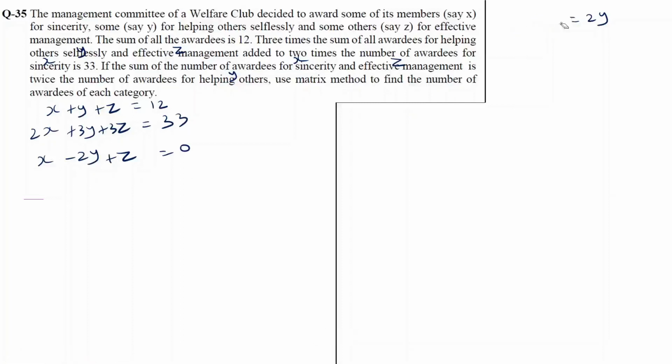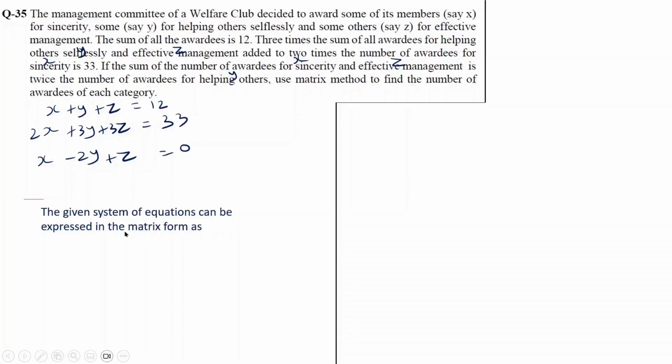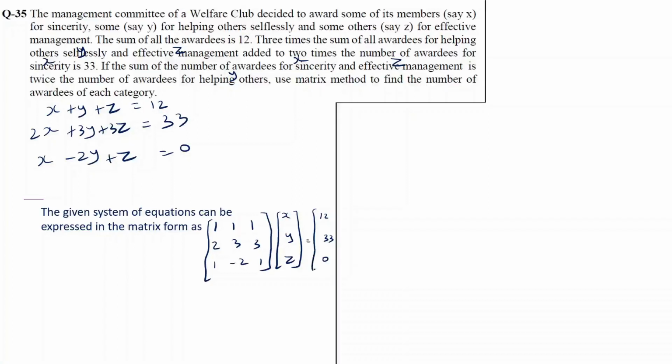Now let us solve these 3 equations using the matrix method. The given system of equations can be expressed in matrix form as the matrix 1, 1, 1, 2, 3, 3, 1, minus 2, 1 into the variable matrix X, Y, Z, equal to the constants 12, 33, 0.